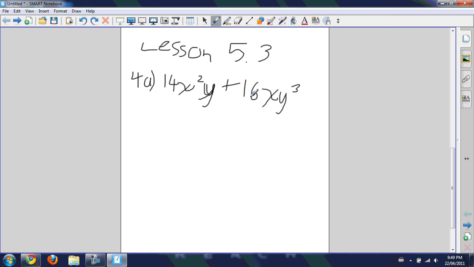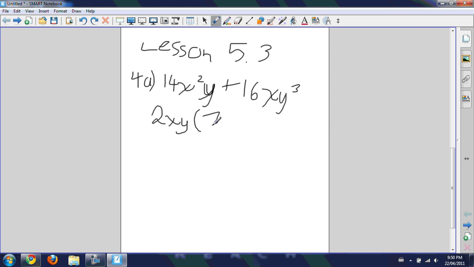So just by looking at it, I know that 14 and 16 have a common factor of 2. So I'll write down 2. And then I look at the x and y, and I see that the lowest is a y here, and the x, so I'll put x and then y, and I put the bracket, and I divide all of that by this.